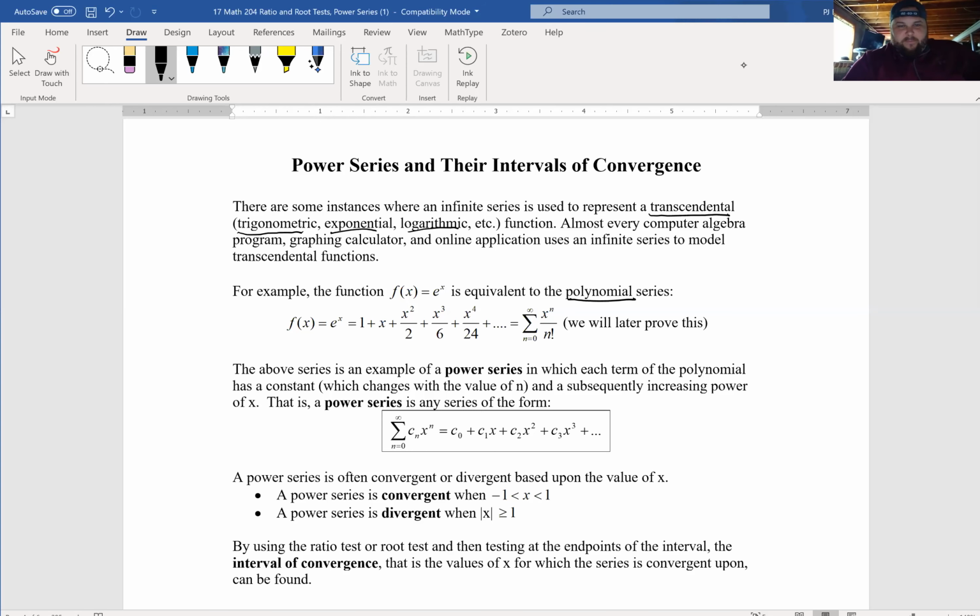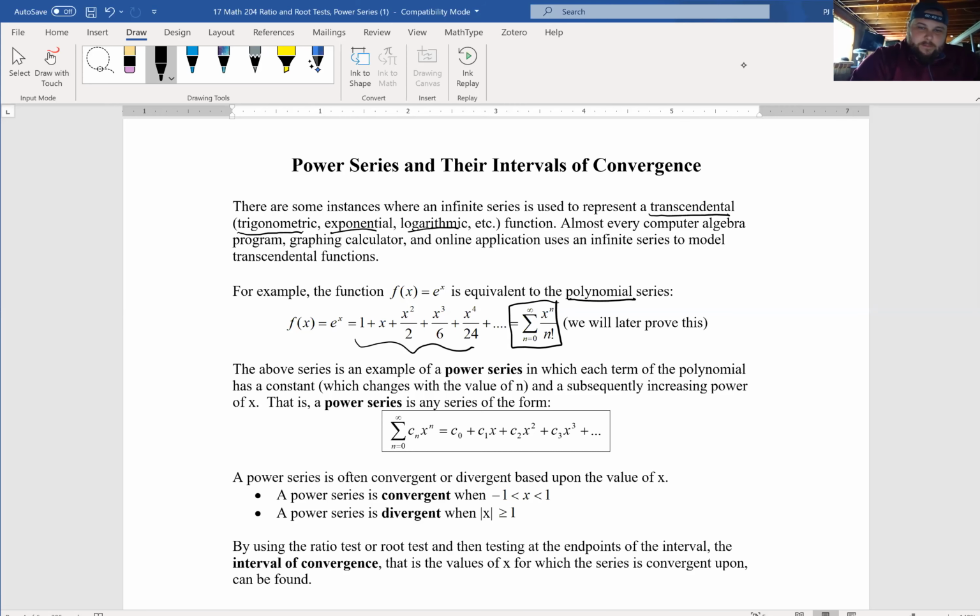So there's a little example here. It just says here's a basic exponential, e to the x. And eventually we will learn how to get to this form here. And they use this form and write out the first couple terms. So here are the first 5 terms of the power series expansion of e to the x.